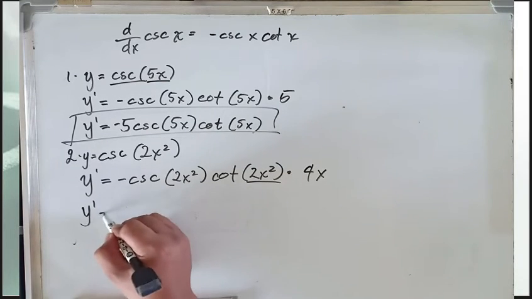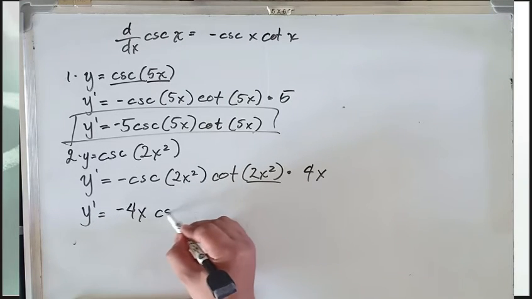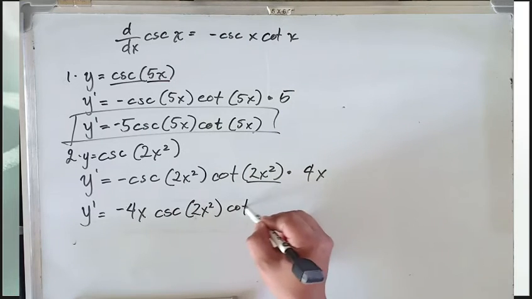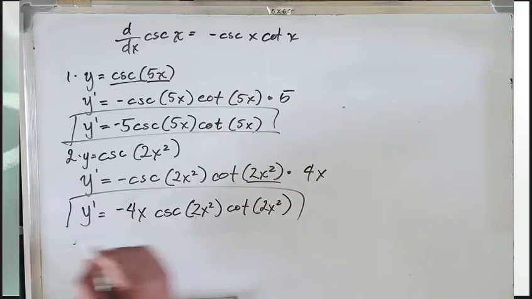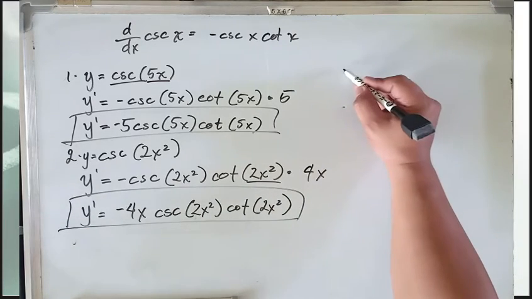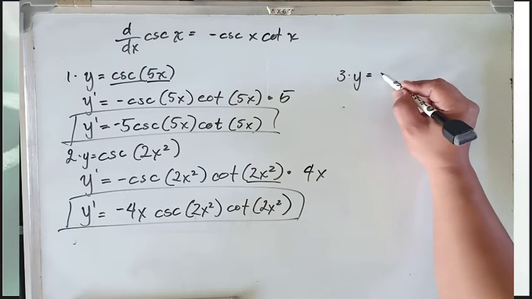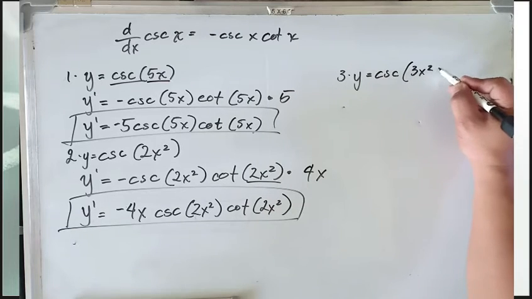Then, let's simplify. We have negative 4x cosecant of 2x squared times the cotangent of 2x squared. So that's the derivative.